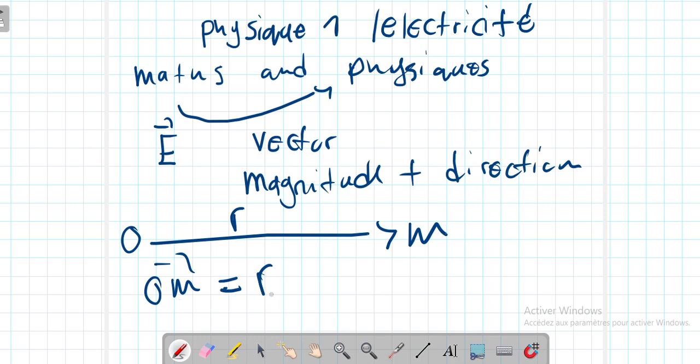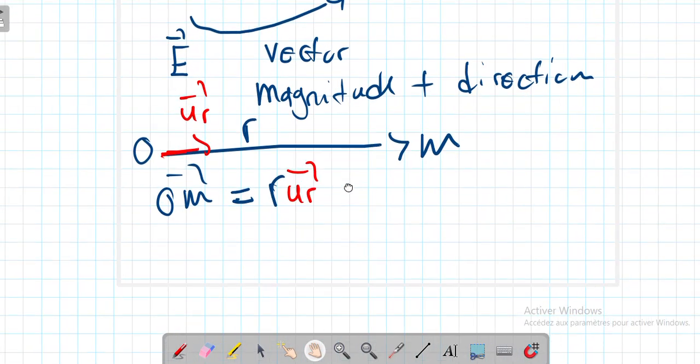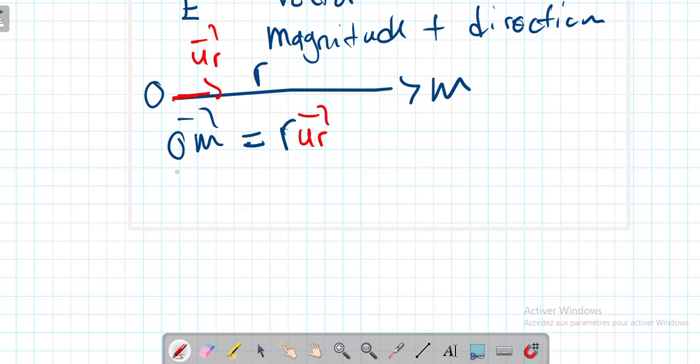So you also need the unit vector in this direction. Unit vectors are there to show us the direction that vector is taking. So whenever you're writing any vector, you have to identify the unit vector in that direction, and you also have to identify the magnitude. That's all.